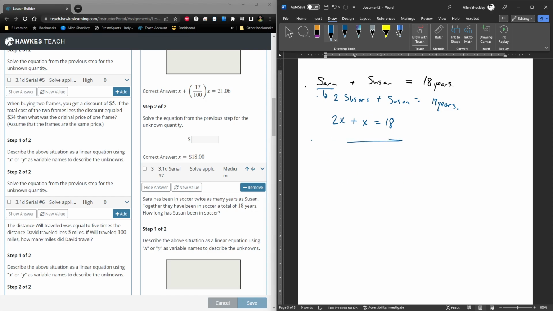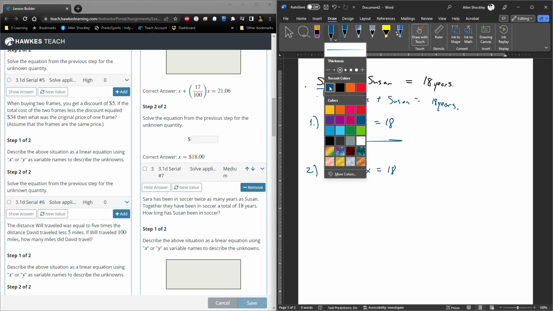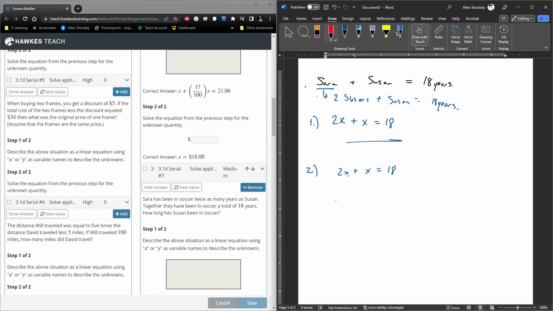And then the second one, so this is 1 and 2. 2 is going to say that we have 2x plus x equals 18. Start solving this.